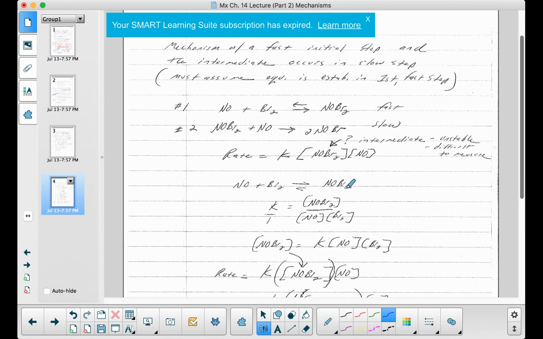It's the mechanism when the fast step is the initial step. That gets hard. You'll see that when you have these double arrows in the first step of your reaction, and it's identified as fast.